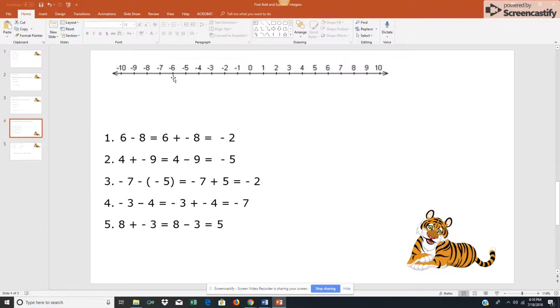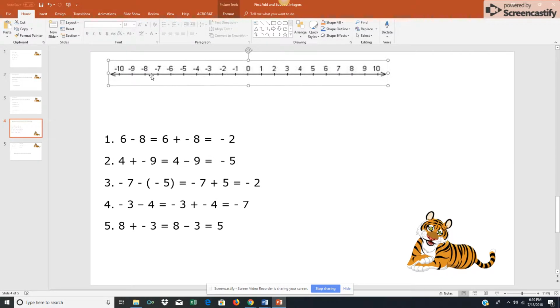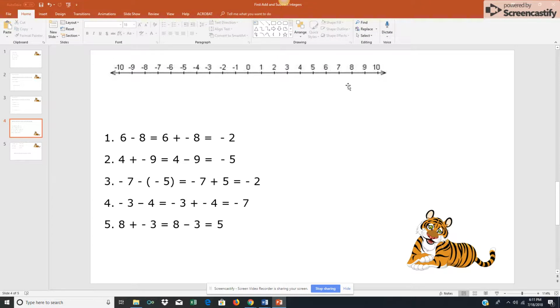Here's my negative 2, 5 places to the right from the opposite of 7. The opposite of 3 and the opposite of 4. Here's the opposite of 3. The opposite of 4 would take me to the left 4 places to land on the negative 7. 8 and the opposite of 3, I'd be over here on 8. The opposite of 3 would be going to the left, which would give me a 5.